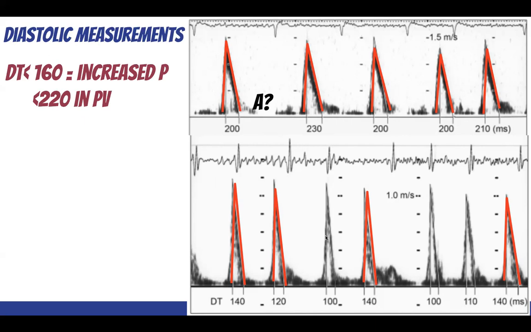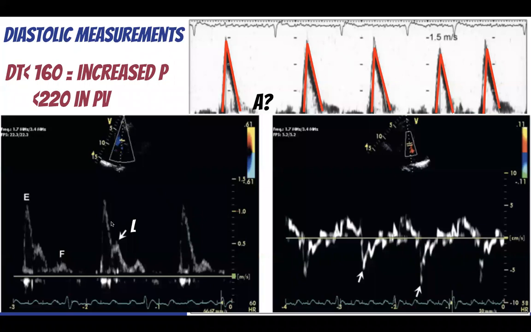But if your deceleration time is less than 160 in these E velocities that end before QRS, that's a sign of increased filling pressures. Or if your deceleration time is less than 220 in the pulmonary vein flow, then this is also a sign of increased pulmonary pressures. Another thing is that you can also have this L wave if the filling pressures are high.